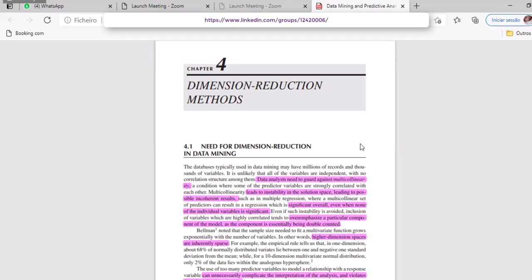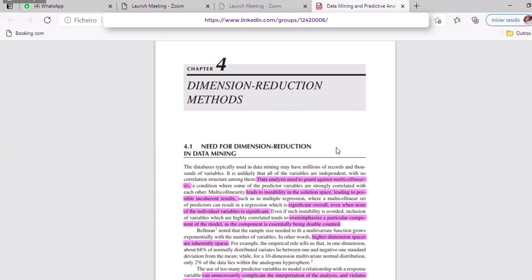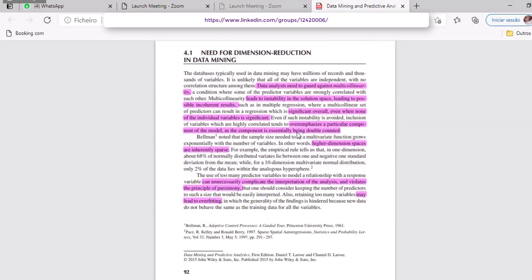So the first part of this chapter, which is about dimension reduction methods and reasons for dimension reduction, starts precisely with these reasons. Why do we need to reduce the dimension? And I found in this text 5 main reasons.